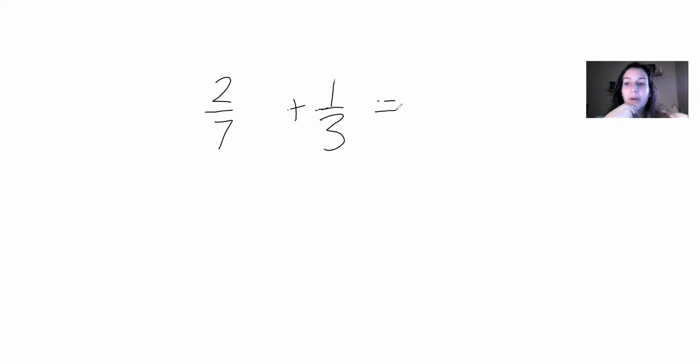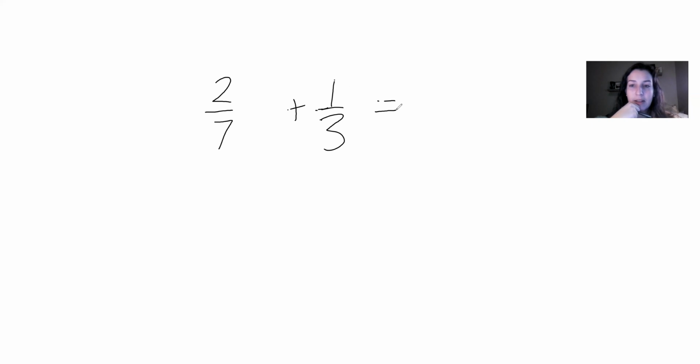All right, for our final example today, we're going to do a slightly trickier version of this and look at 2/7 plus 1/3. Okay, so in all the other problems, we were pretty easily able to liken the two denominators through just one multiplier.